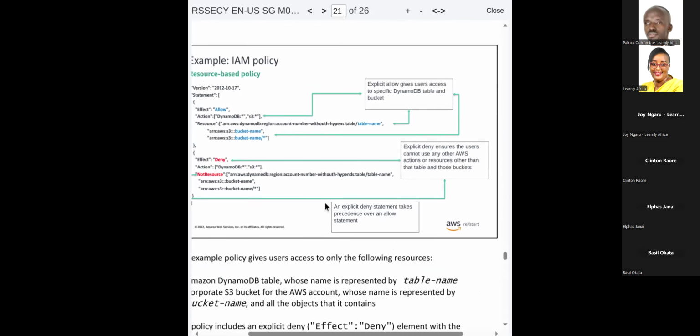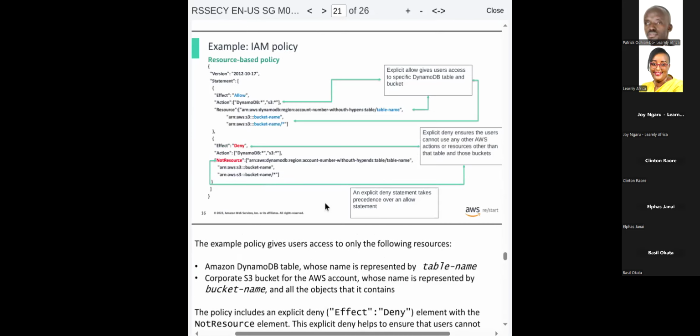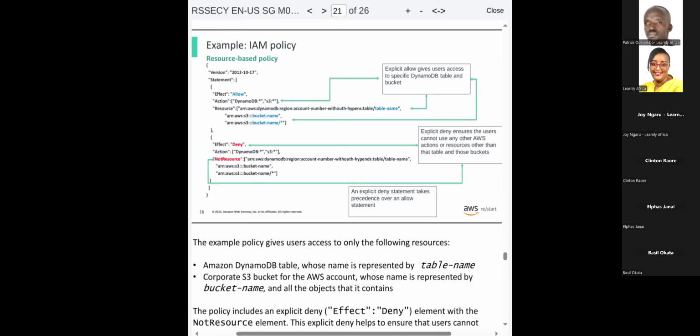Let's see, we have an example here of an IAM policy. All right, so here we have the version number of the IAM policy. It was created on this date, and its effect is to allow DynamoDB and S3.